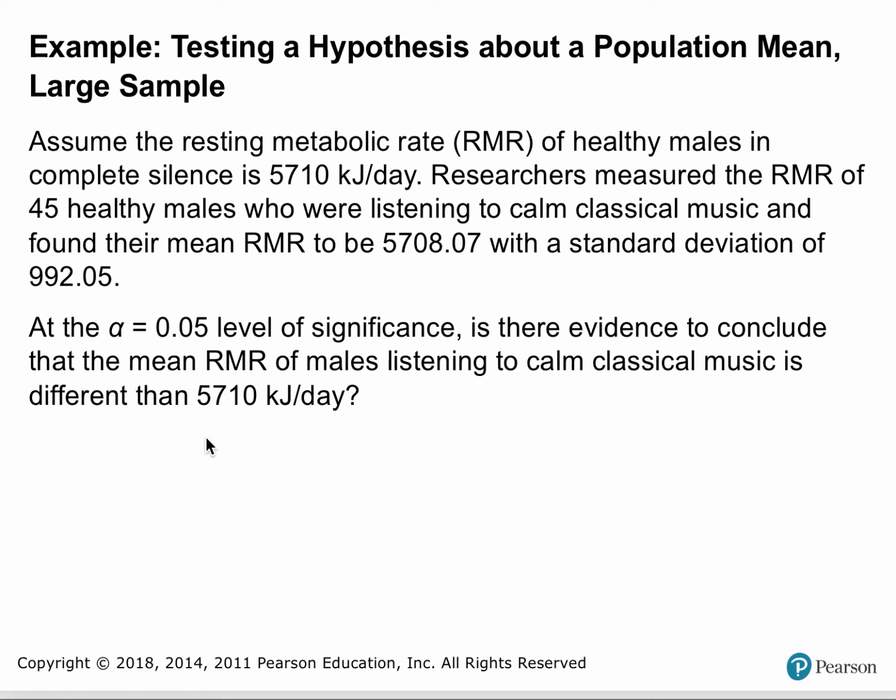Okay, so we're going to assume that the RMR of healthy males is 5,710 kilojoules per day. Notice this is a two-tailed test, right? It just says is different. Because the sample size is large, larger than 30, we can say the distribution is approximately normal and just proceed to our steps.